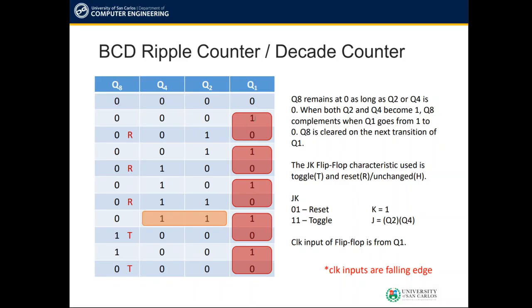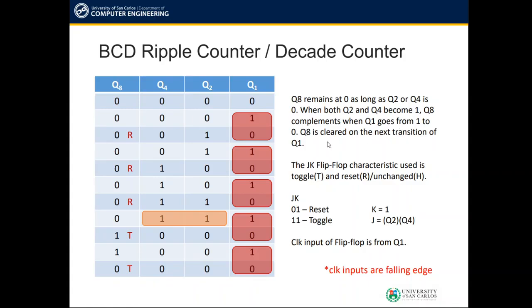So every time the clock pulse goes from 1 to 0, Q8 is still 0. 1 to 0, 0, 1 to 0, and 0. The only time it isn't 0 is in this part of your table or the timing diagram. So Q8 complements when Q1 goes from 1 to 0 when both Q2 and Q4 are 1.